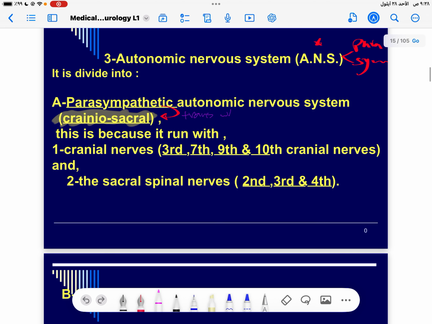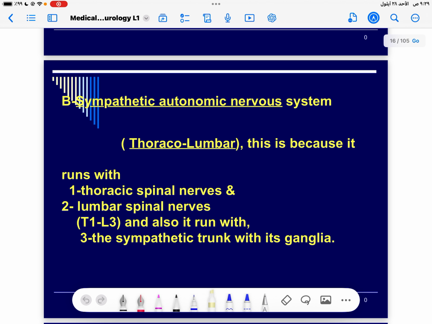We have the sympathetic, on the other hand, which they call thoracolumbar, because it runs with the thoracic spinal nerves and lumbar spinal nerves. From T1, because in the thoracic spinal nerves we have 12 pairs, it runs from T1, T2, T3, up to T12, and then also with the lumbar, from 1 to 3.